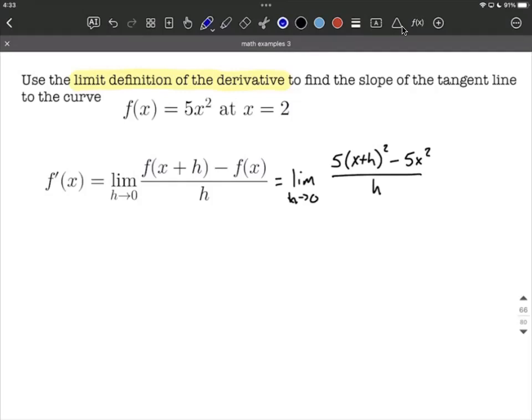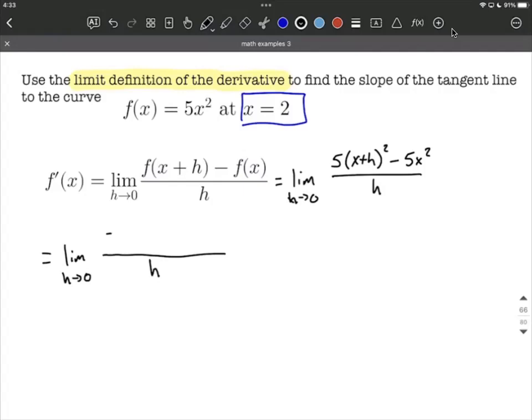The next thing I'm going to do is, since we're using this very specific x equals 2, I'm going to replace each of the x's with 2's. So we're looking at the limit as h approaches 0, and that's going to get carried along step by step until we're allowed to replace h in the denominator with 0. We can't fill in 0 for h at this point because that would be dividing by 0.